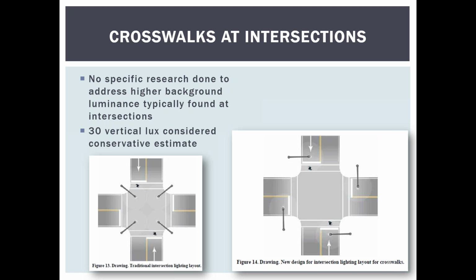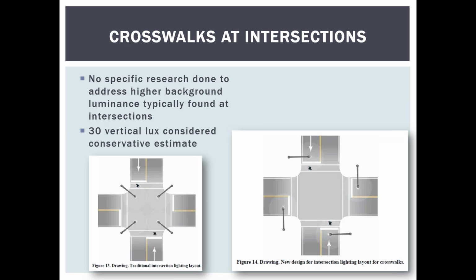For the approach side crosswalks, a higher lighting level should be considered to mitigate the impact of background luminance on contrast. This means that in a two-road intersection with crosswalks on each leg, the outer sides of the crosswalks should be illuminated to a higher level than the interior side of the same crosswalk, as shown in the figure on the right.